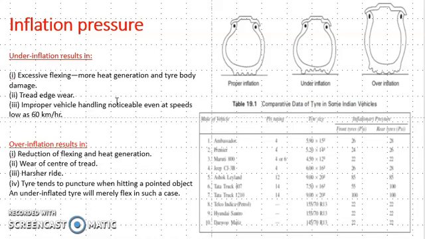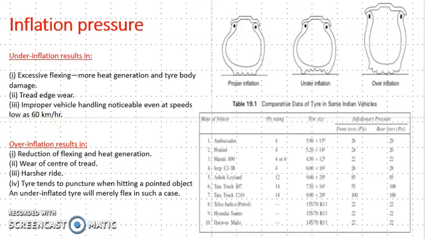And what will happen to the vehicle performance? When it is over inflation, that is also not good. It will wear at the center of the tread, harsh riding, as well as reduction of flexing, and heat generation is possible in case of over inflation.